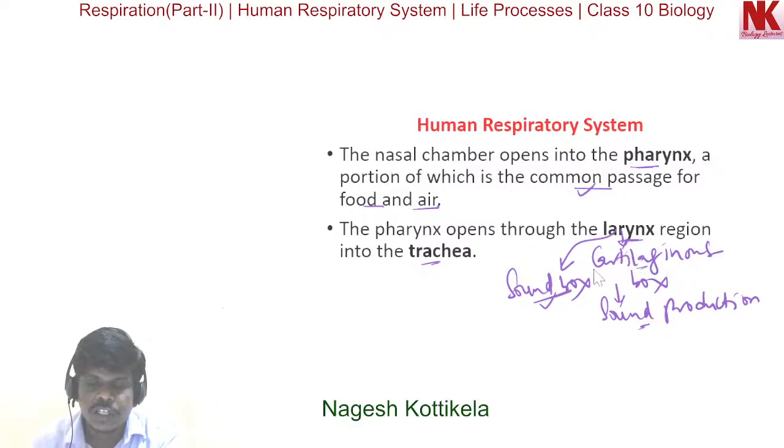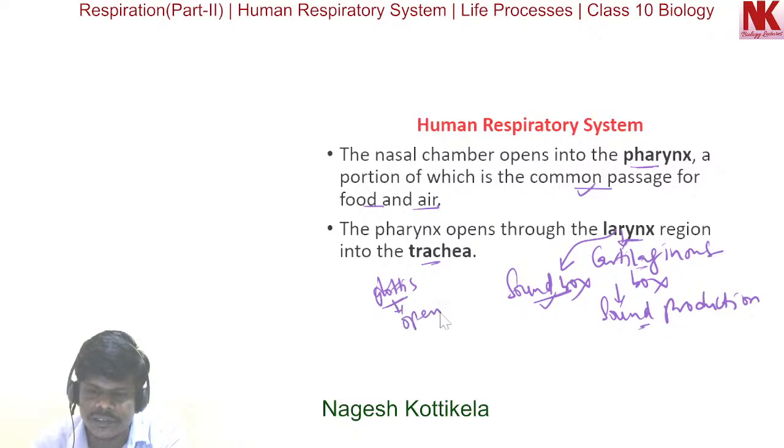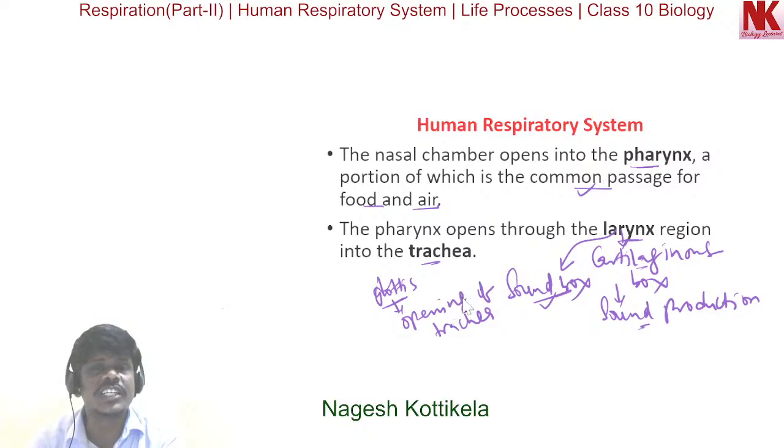Here during swallowing, the glottis, one important structure, can be covered. This is an opening of the trachea. So during the swallowing process, the glottis is covered by a thin elastic cartilaginous flap called epiglottis.